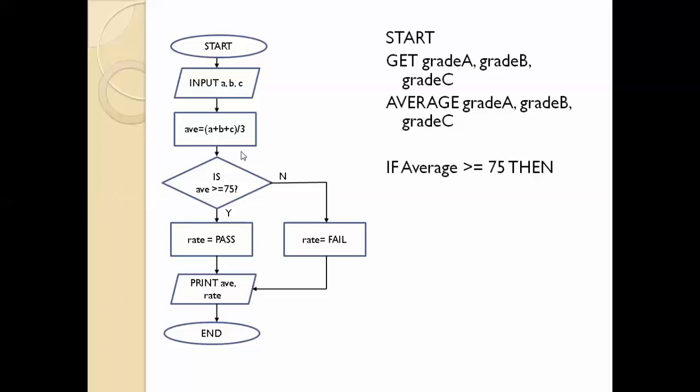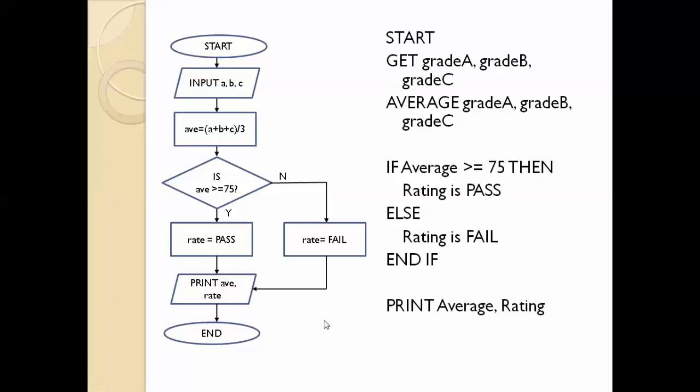Let's have if average is greater than or equal to 75, then if yes, our rating is pass, and if not, else our rating is fail. That is the end of our condition, so end if. And lastly, we will have our output: print average and rating, and we're done, end.